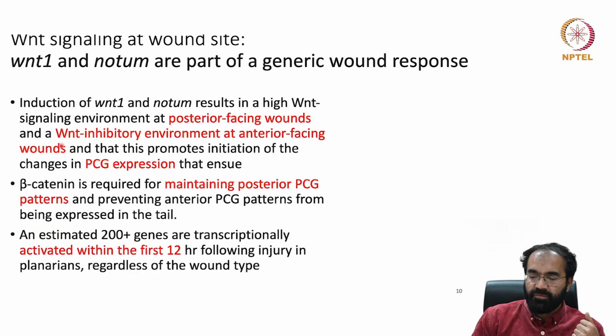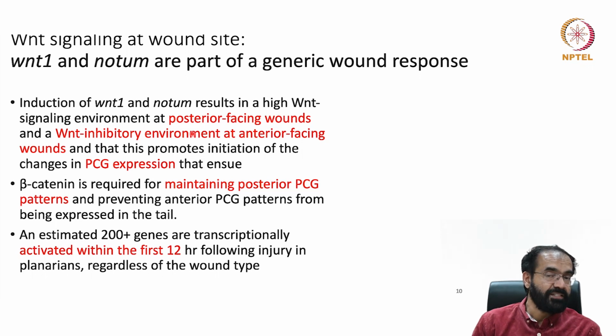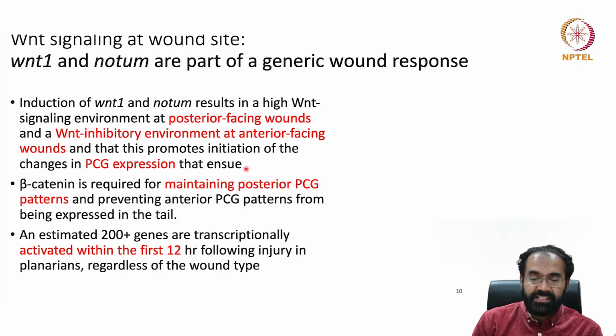Wnt and Notum are part of a generic wound response. Induction of Wnt1 and Notum results in a high Wnt signaling environment at the posterior facing wound, not in the anterior facing wound, because at the anterior facing wound you have got Notum. There is a Wnt inhibitory environment at the anterior facing wounds because of the presence of Notum, not because of the absence of Wnt. And this promotes the initiation of the changes in the PCG expression that ensue.